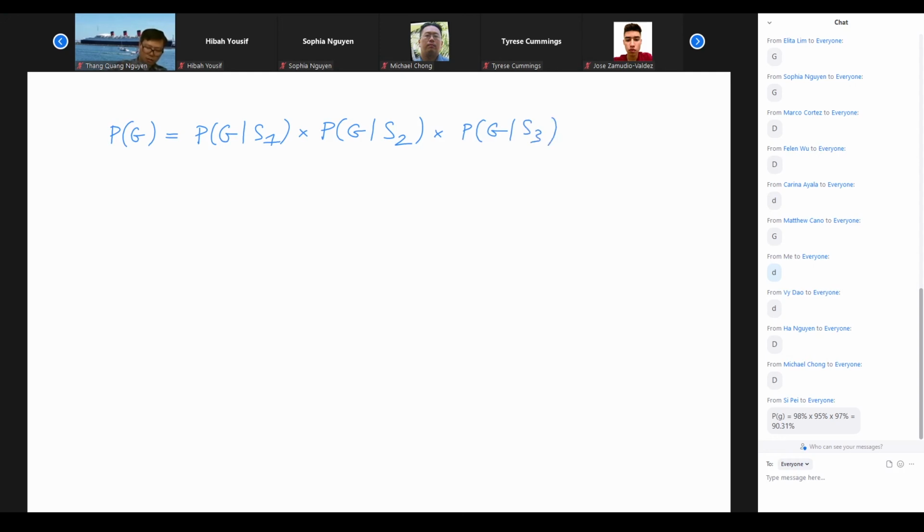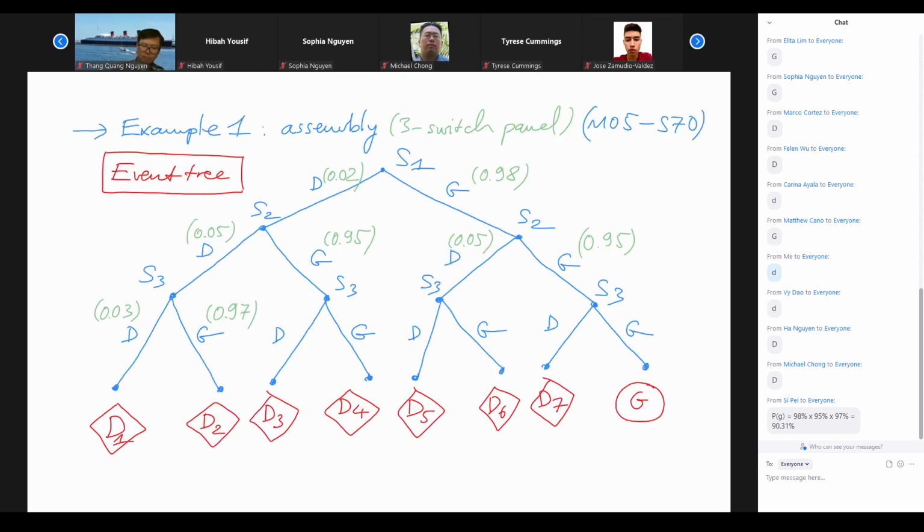So if you look at the three branches, technically we are looking at this branch right now, being good, right? So you look at that branch right now. So the first part here is 98, that's 95, that's 97 down here. So how do we know 97?